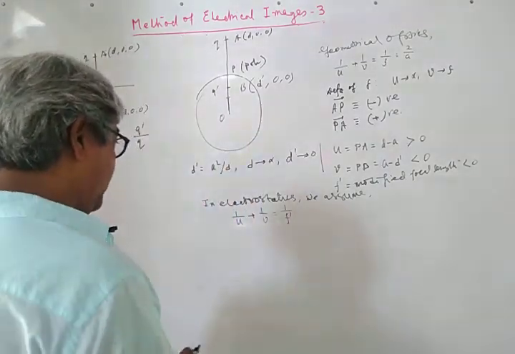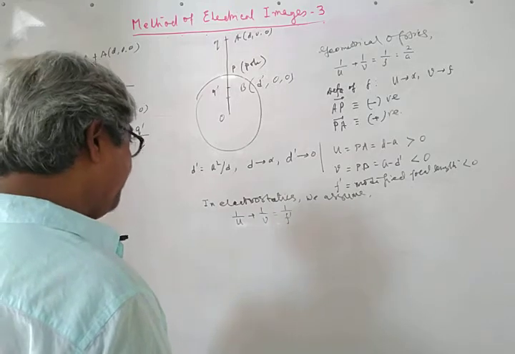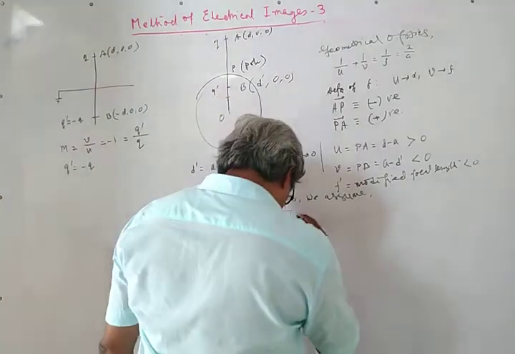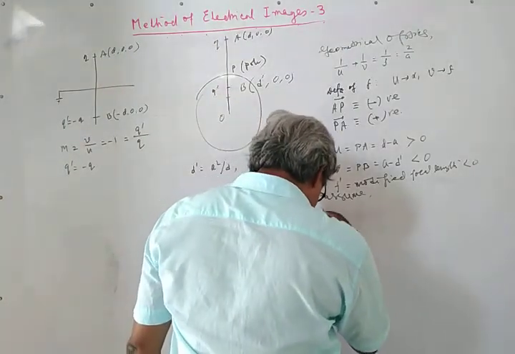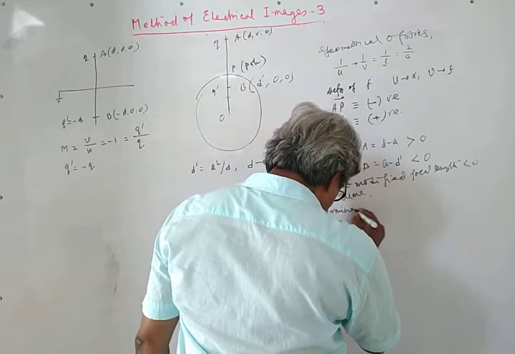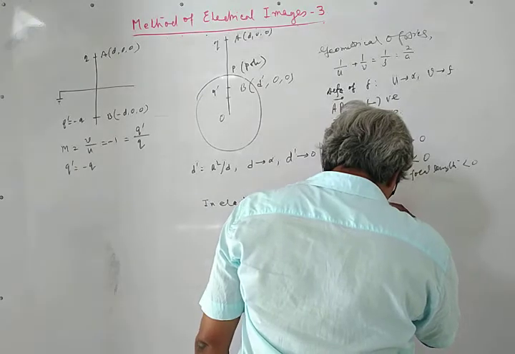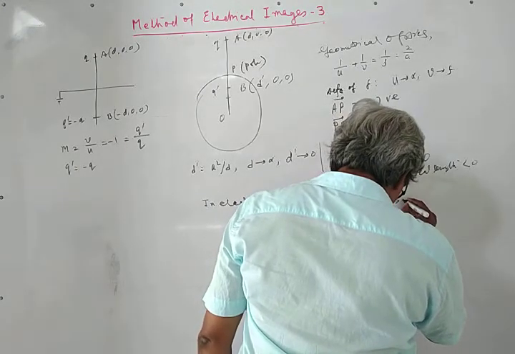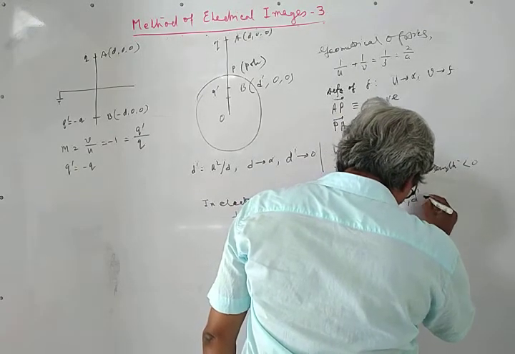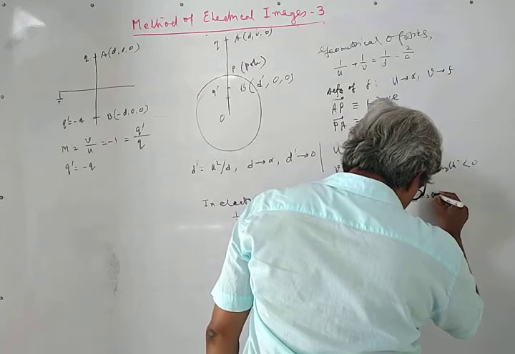F prime will be determined from the condition that D tends to infinity, D prime goes to 0.